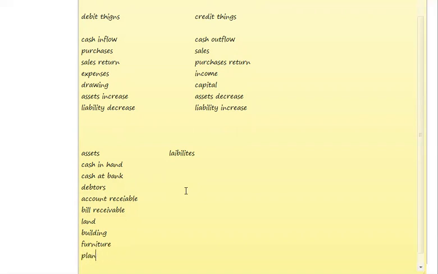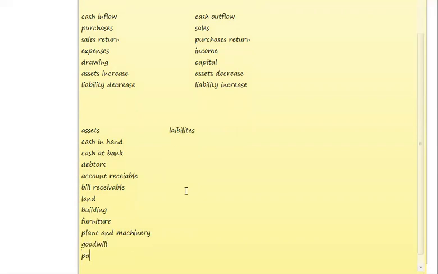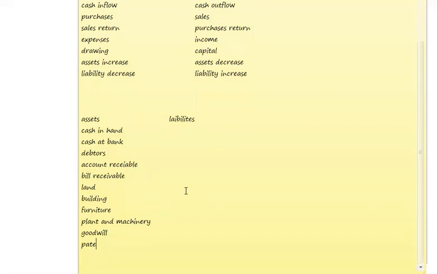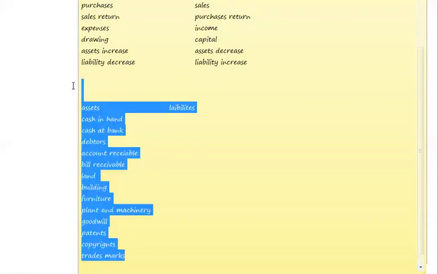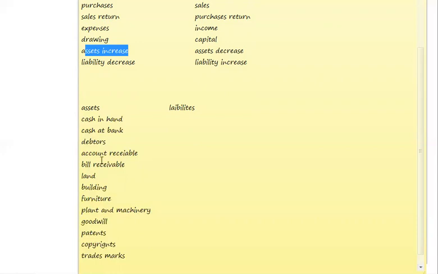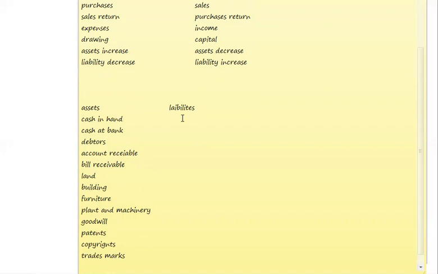These are not the green plants, these are the plant and machinery of the factory. And goodwill, patents, copyrights, trademarks. All these are assets and you have to memorize all these things. When there is an increase in these, it is debit, and when there is a decrease, it is credit. You have to memorize, otherwise you can't do these questions.